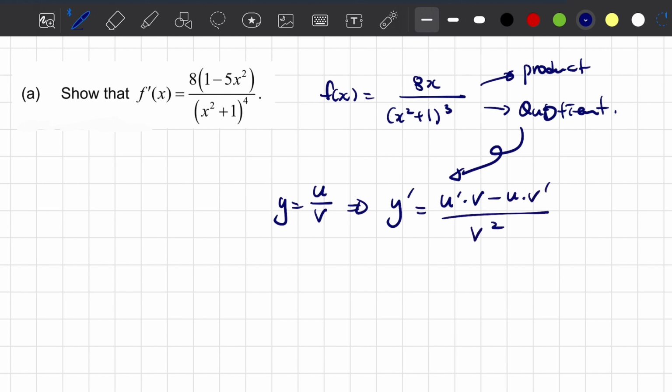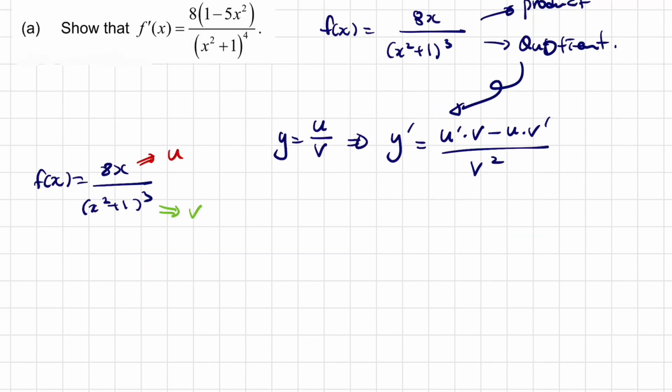over v squared. So we have the function f of x equals 8x over (x squared plus 1) to the power of 3, and let the numerator equal u and the denominator equal v. Then u is the same as 8x, so u prime is 8, and v is the same as (x squared plus 1) to the power of 3.